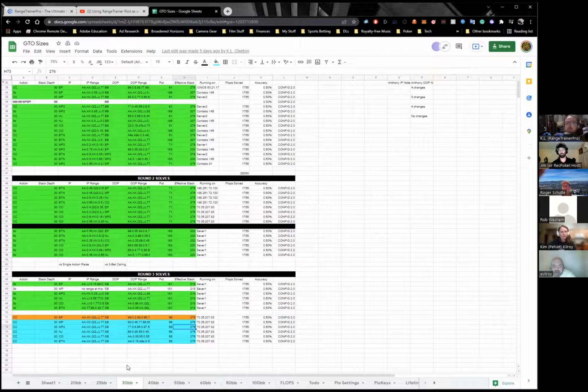check call one, check call two, maybe check raise turn, which we did see check raise turn at a pretty high frequency with ace jack there, with the jack of spades. Do you think we'd see it at a higher frequency with deeper stacks? You would see it at a similar frequency, almost definitely.